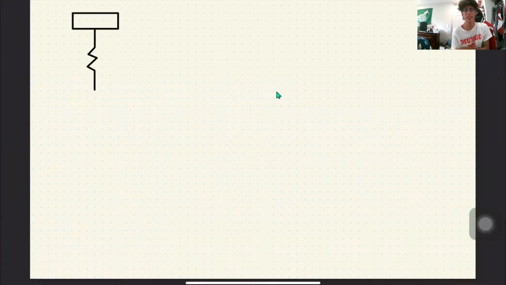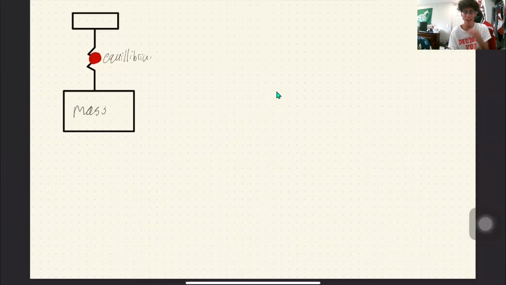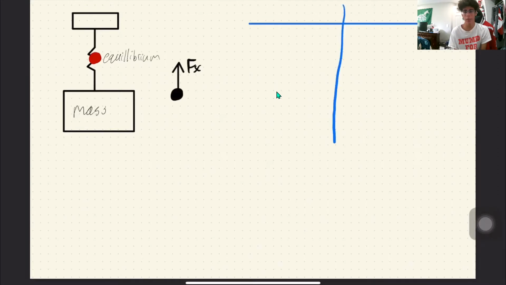So as I said earlier, we're going to get more physicsy about it, and part of being more physicsy is starting with our model. So here I have a very crude, rough drawing of a mass on a spring with the mass at the bottom and the equilibrium represented by the red dot, halfway-ish in between. If we're going to draw a free body diagram, which just shows all the forces acting on our system, it's obviously just going to be one force acting in the upward direction.